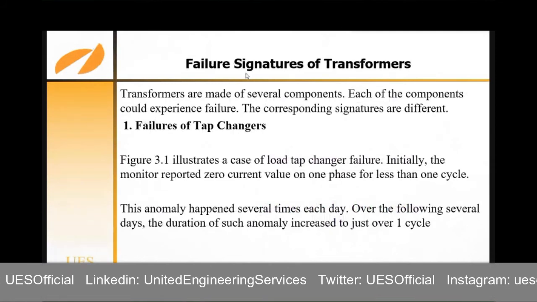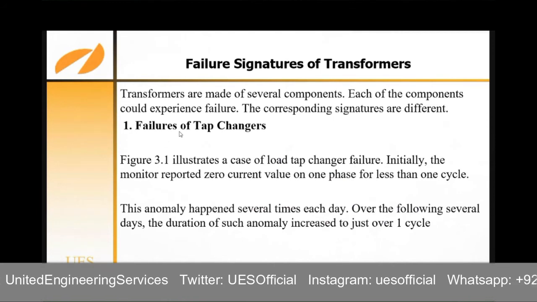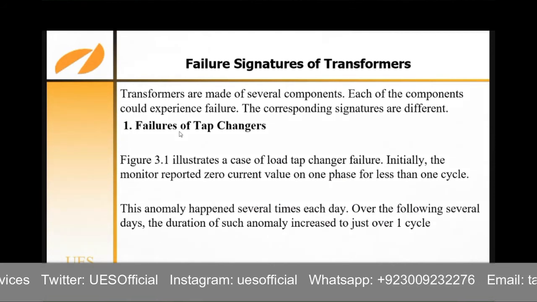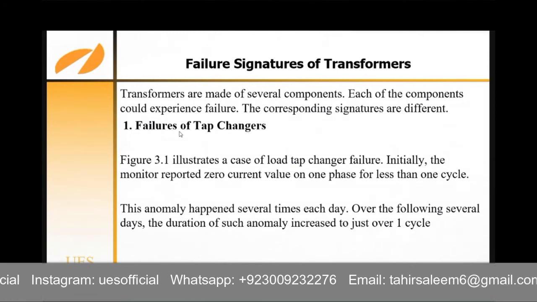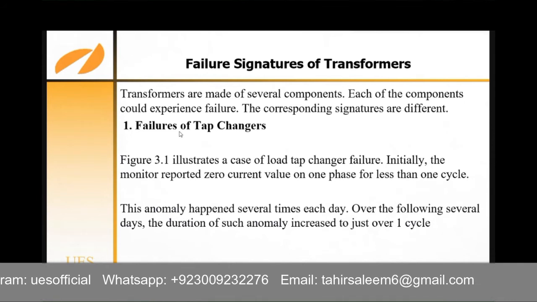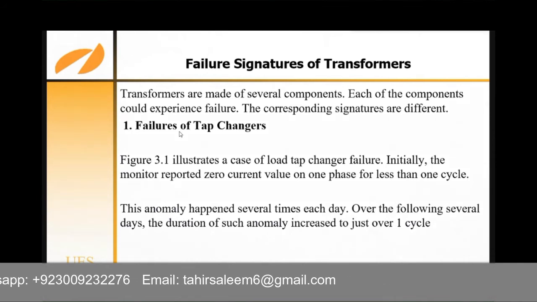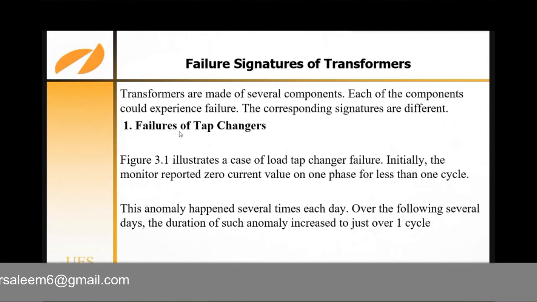Now, the failure signature of transformers. As we know, there are different parts of a transformer, so we cannot give a general signature for all the equipment, but it is feasible to give separate signatures for those component failures.